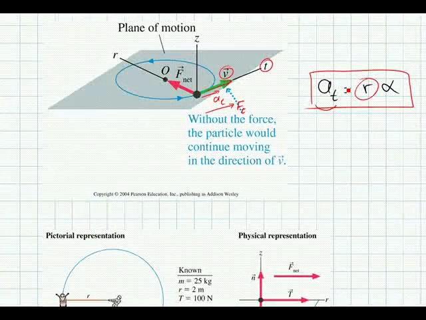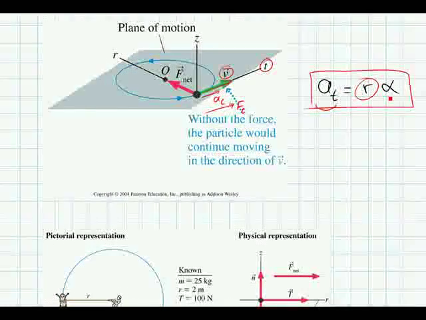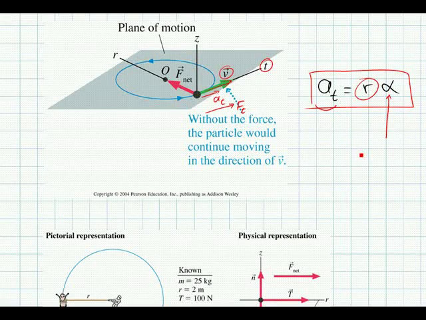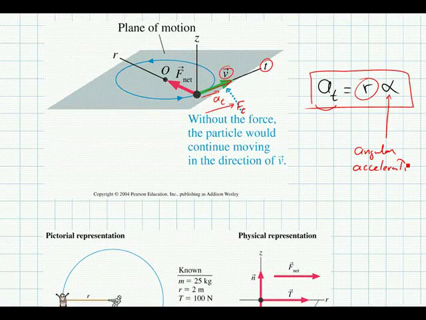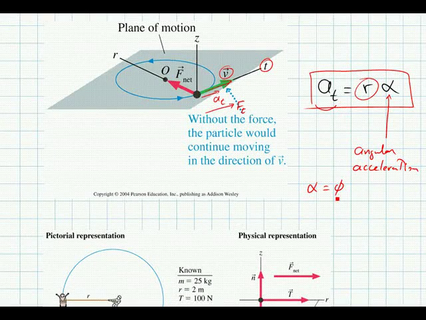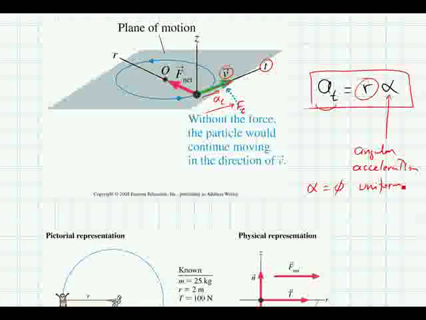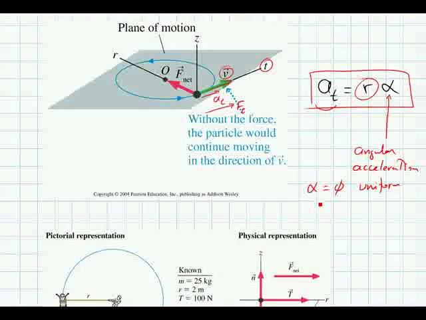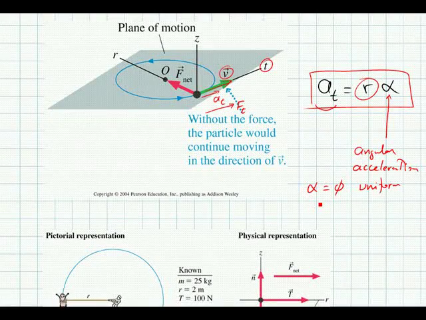R is our familiar radius of the circular path, and alpha is what we call angular acceleration. When alpha is 0, that means we have zero angular acceleration, or a uniform circular motion. And when alpha is non-zero, then we have a non-uniform circular motion.